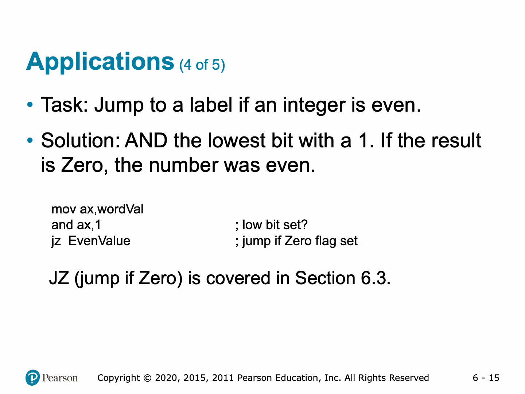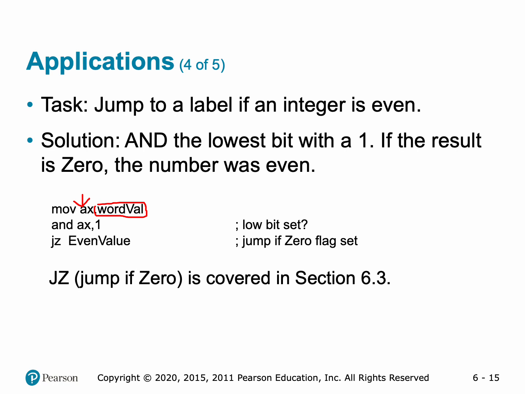Okay, in this example, we're going to jump to a label if an integer is even. So we want to jump to some label if the integer that we have is even. In this example, we have wordVal, and we move wordVal into AX. So it has some number.